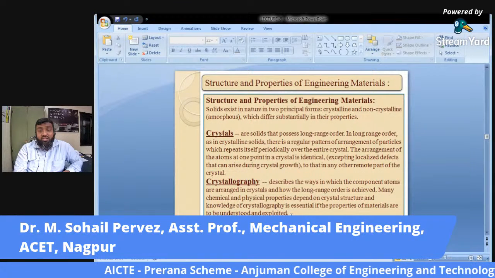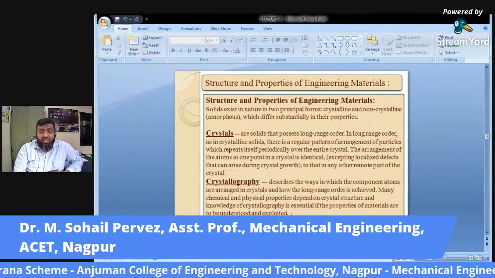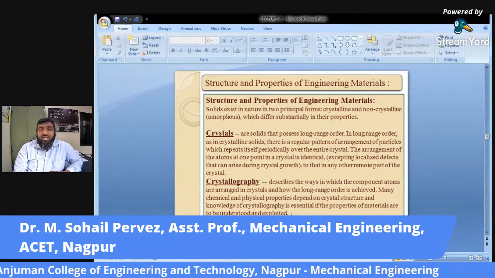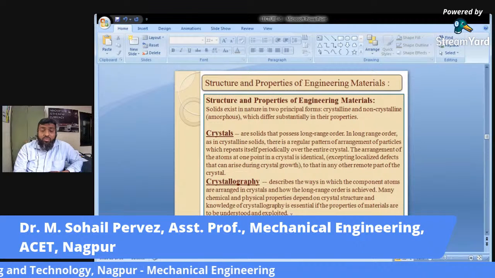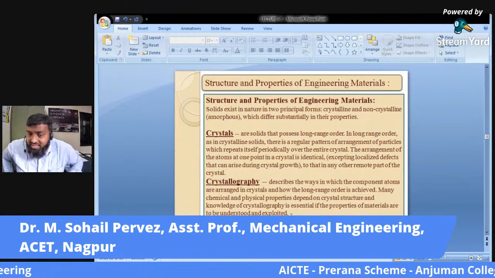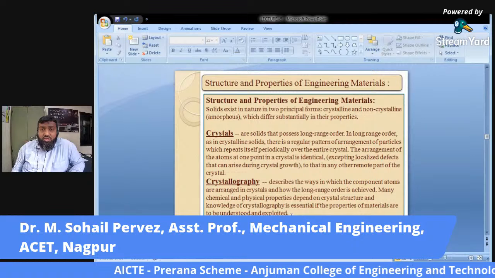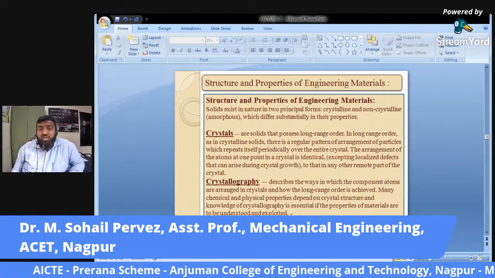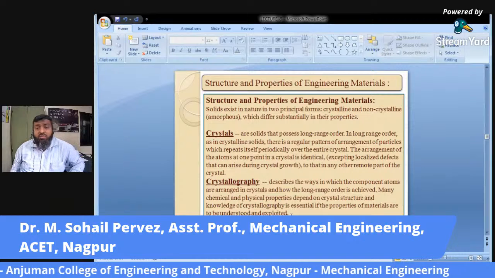Depending upon the structures we will use, we will utilize the functional ability of that particular material or metal or non-metal depending upon this study. Now there are some basic definitions or terminologies which must be understood before going for the structural analysis of any engineering material.